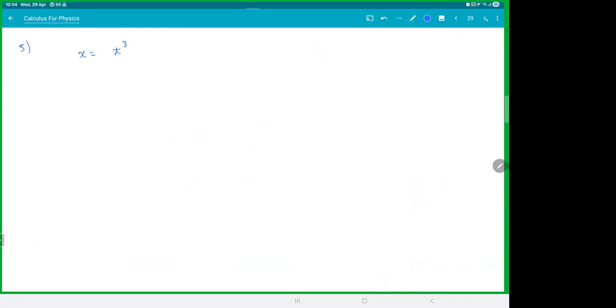Let's say x is equal to t cube by 3 minus 5t square by 2 plus 6t plus 2. Find velocity when acceleration is 0.